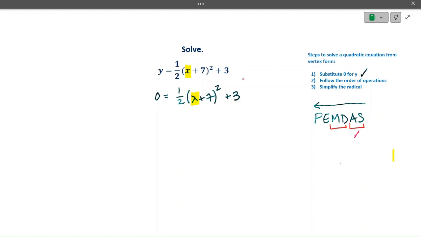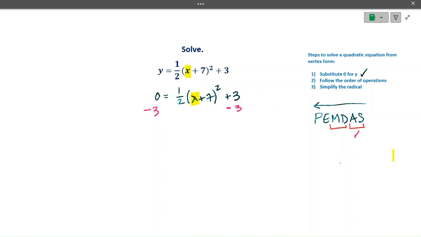I am noticing that I have 3 being added. I also see that I've got a positive 7, but this whole binomial is being squared, which means I can't move anything inside that parenthesis outside. So I can't do anything with that right now. I'm going to deal with this one, and I'm going to subtract 3 from both sides.